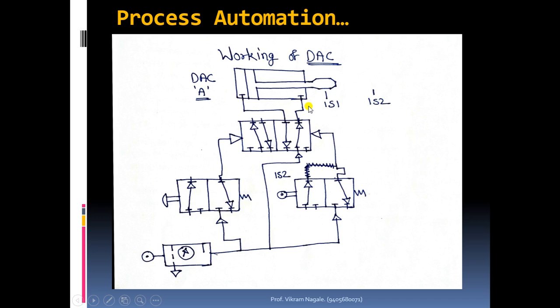Since the rod end is at the 1s1 position, this roller lever will be in pressed condition. This is not a push button right now, because we are considering this as a roller lever.